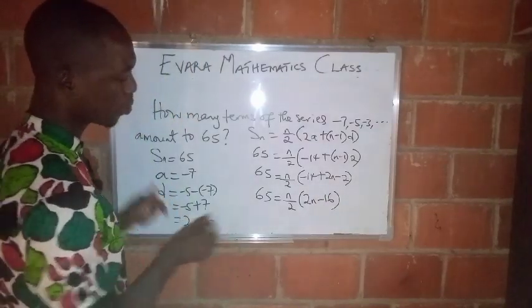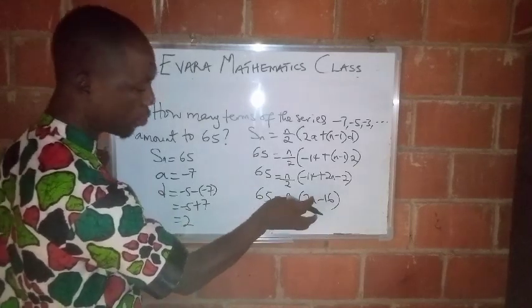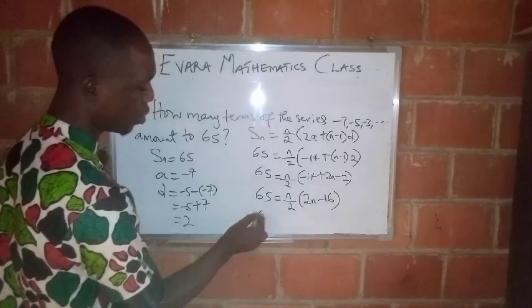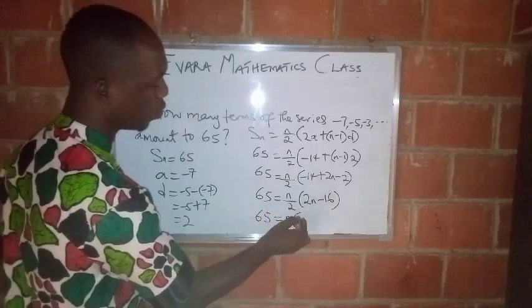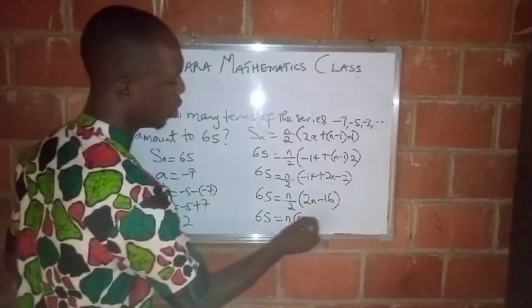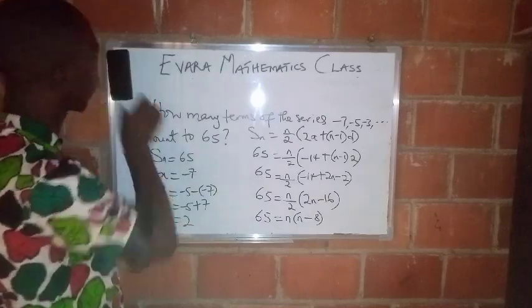So now, we can divide these two numbers in the bracket by 2. So we have 65 equals n bracket. 2 divides 2n, we have n. 2 divides 16, that gives us 8.